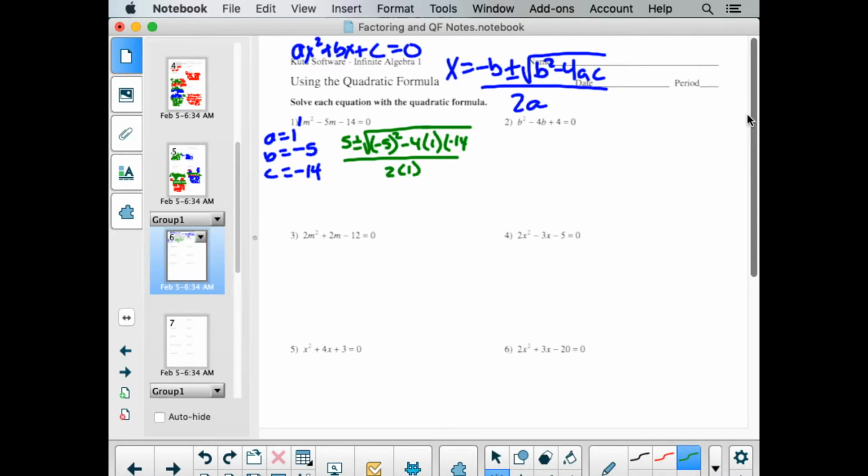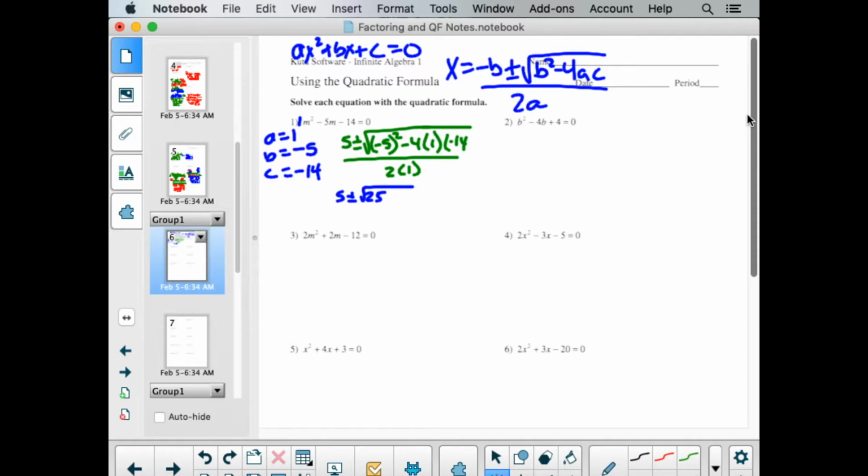So from there now, what I do is I just start to evaluate this. So I grab my calculator, and a lot of this you can actually do in your head too if you're careful. I start with that negative 5 and square it. Well, that's a 25, so I now have 5 plus or minus the square root of 25. Then I would take care of this 4, 1, and negative 14.